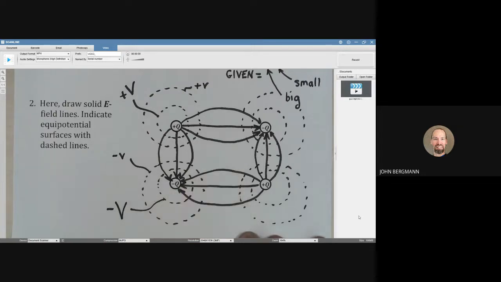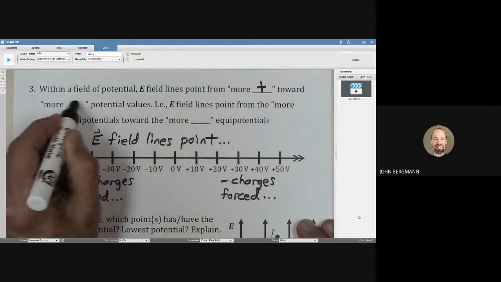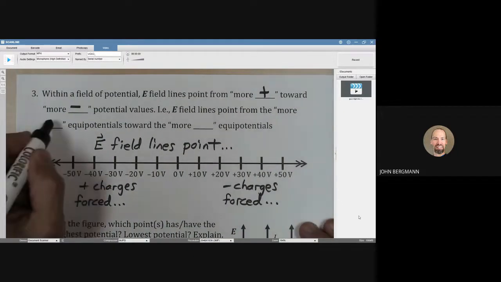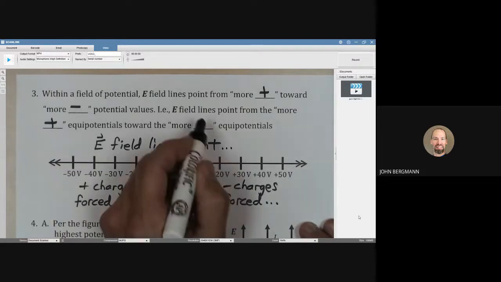Within a field of potential, electric field lines point from more positive toward more negative potential values. That is, electric field lines point from the more positive equipotentials towards the more negative.